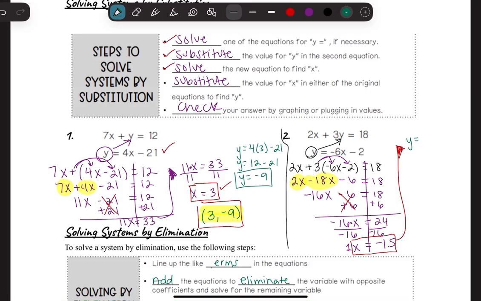Y equals negative 6 times negative 1.5 minus 2. Negative 6 times negative 1.5 is a positive 9. 9 minus 2 is 7. So y equals 7. So my point is negative 1.5 comma 7.